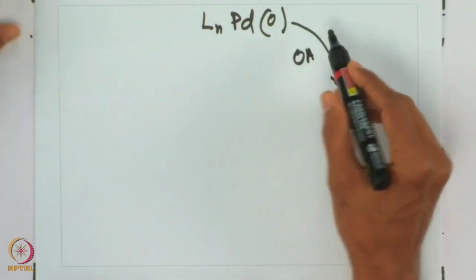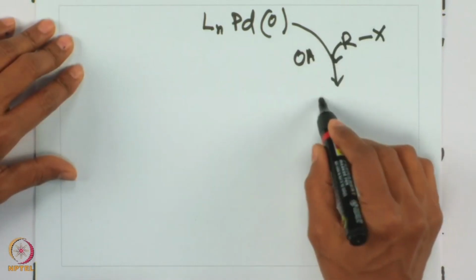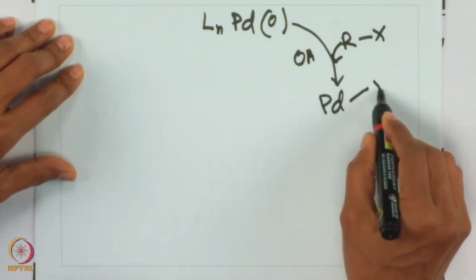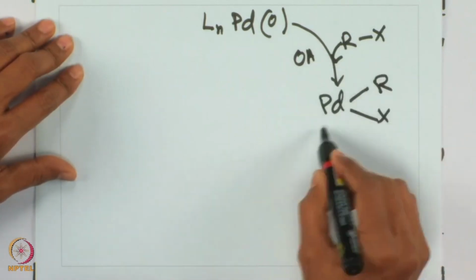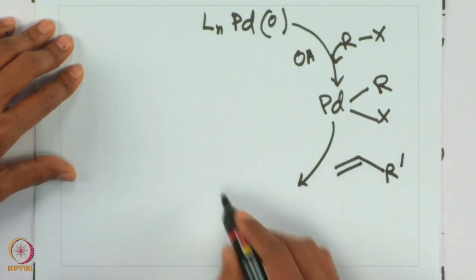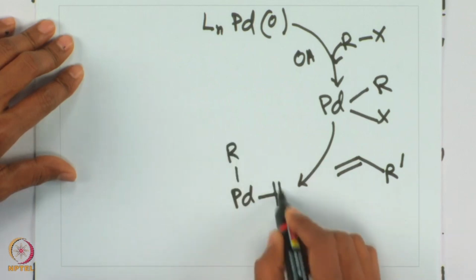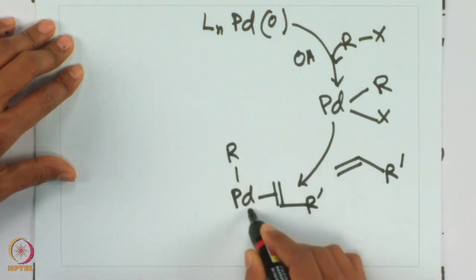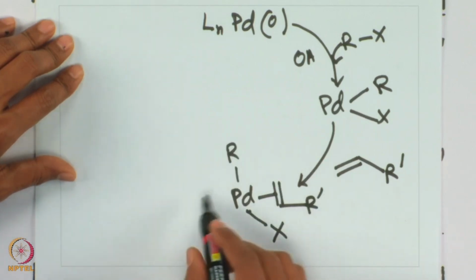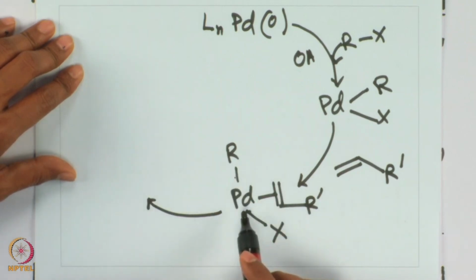The first step is oxidative addition, where we get R-X, and overall we have a palladium R-X intermediate, same as before. It will react with the olefin, and from there we have olefin coordination, just coordination, nothing else initially, and now we are ready for beta migratory insertion.